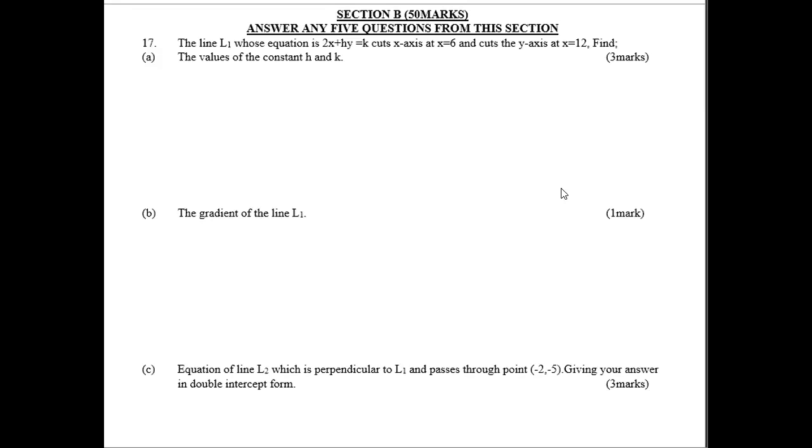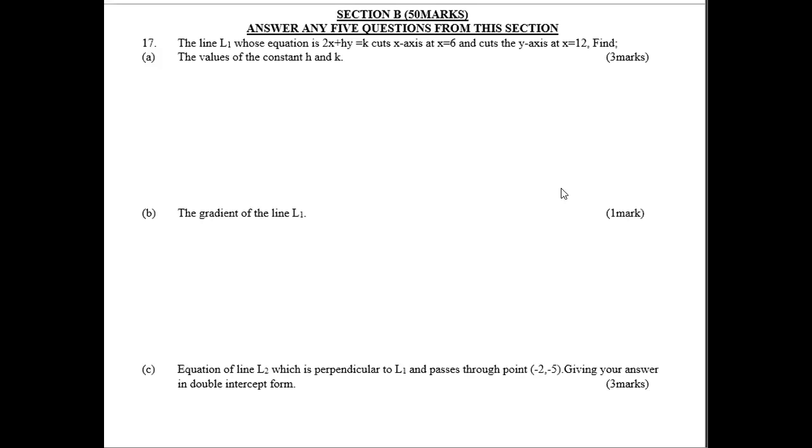Gradient is given by change in y over change in x. If you work that out, you get the gradient as -2, because it is 12 minus 0 all over 0 minus 6, which is 12 over -6, giving us -2.